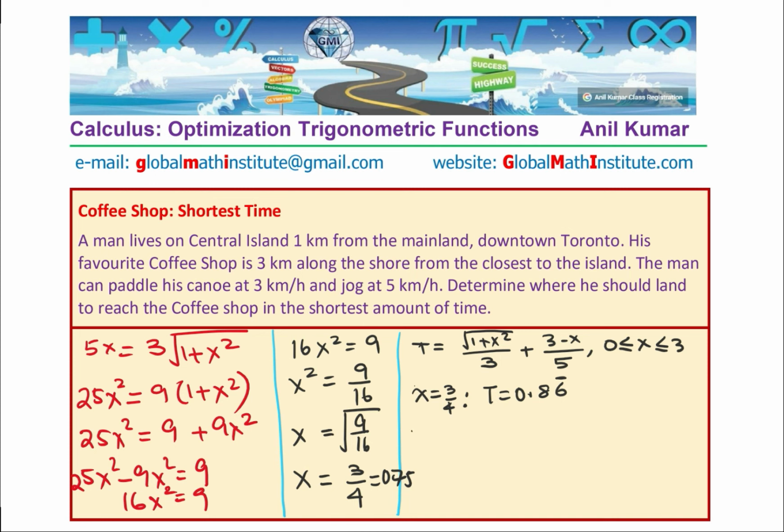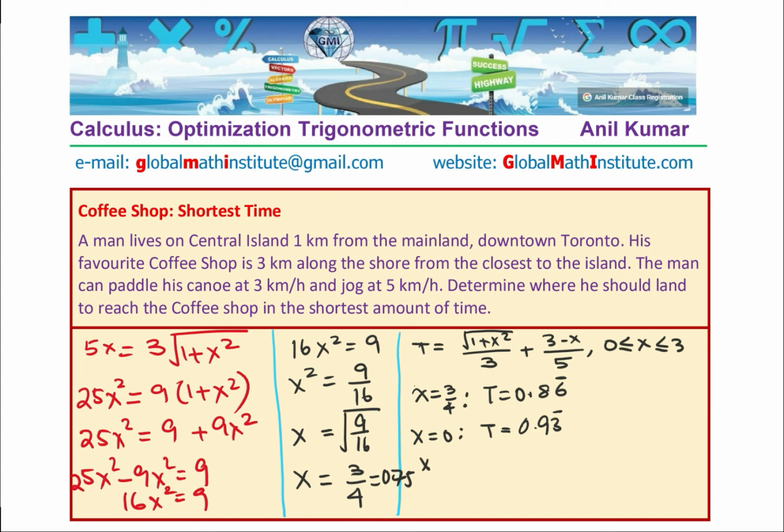Now, if I put x as equals to 0, then the time is how much? Let's calculate this. If I put x as 0, I get 1 over 3 plus 3 over 5, right? 1 divided by 3 plus 3 divided by 5, which is equal to 14 by 15, or the decimal value is 0.93.